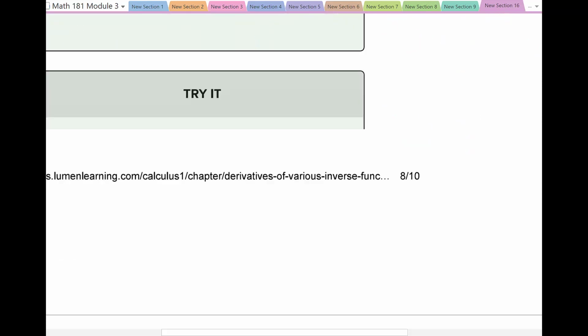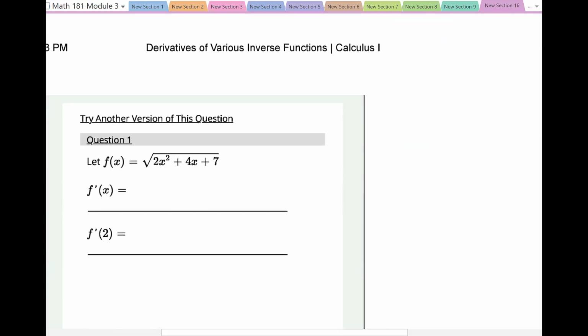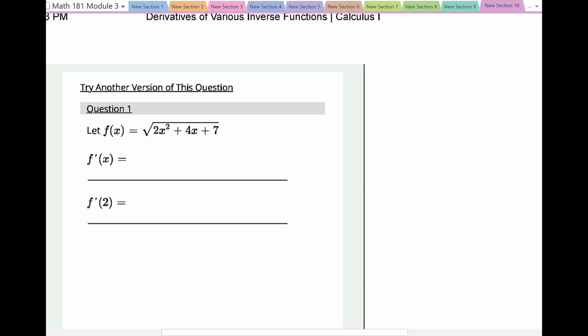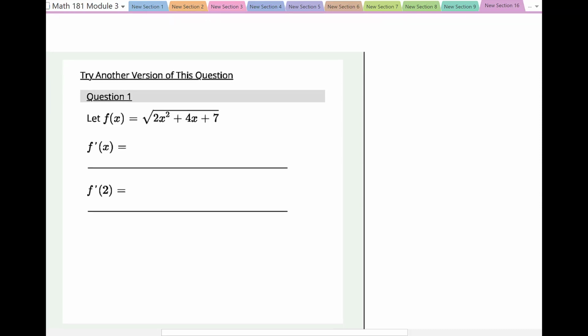I think this is the last problem of this part. There's another part to this section, then we'll do inverse trig functions, but this is the last one here. We're looking at f of x equals the square root of 2x squared plus 4x plus 7.